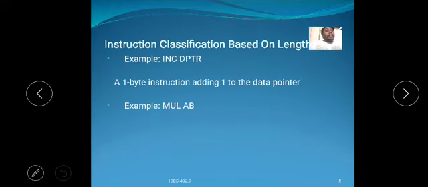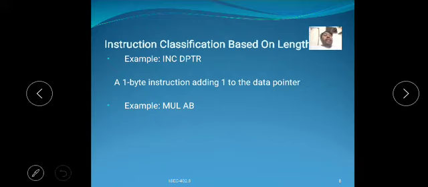In another example, INC DPTR. Increment is the instruction. In the DPTR, the content can be incremented by using this particular instruction.